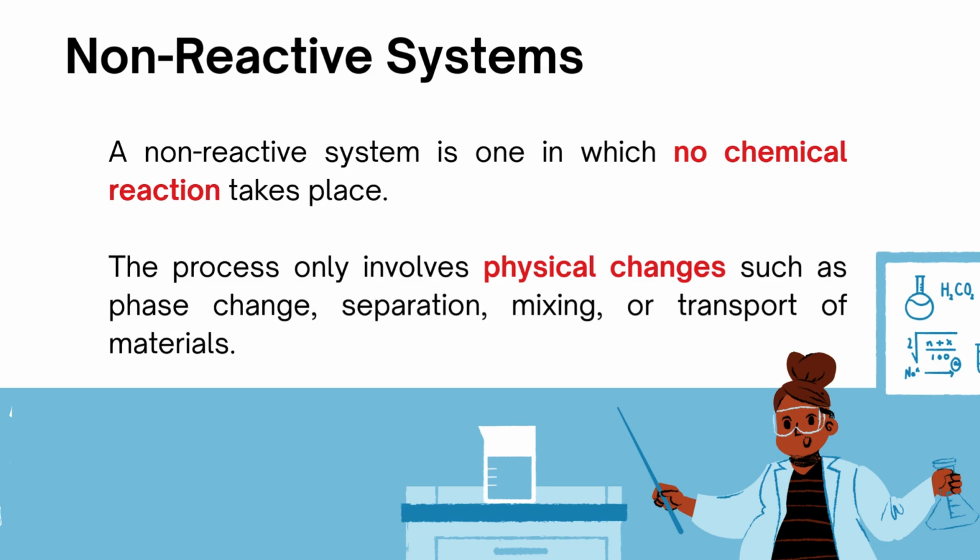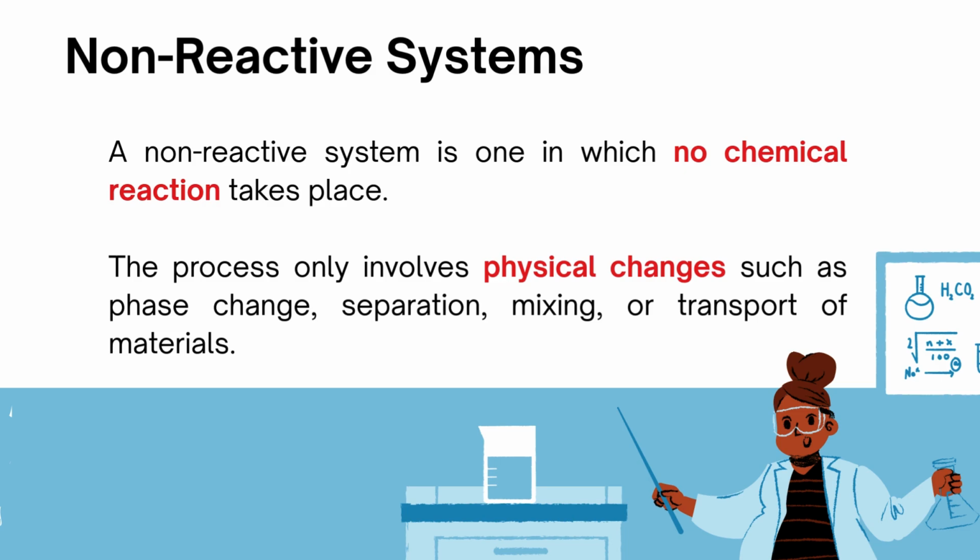A non-reactive system is one where no chemical reaction takes place. Instead, only physical changes occur, such as phase changes, mixing, or transport of materials.